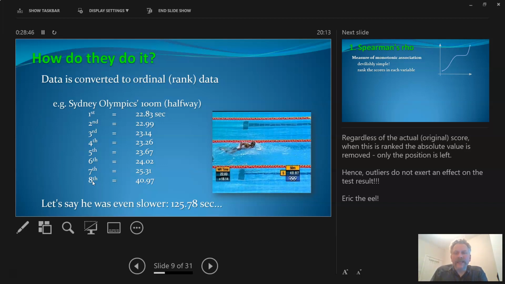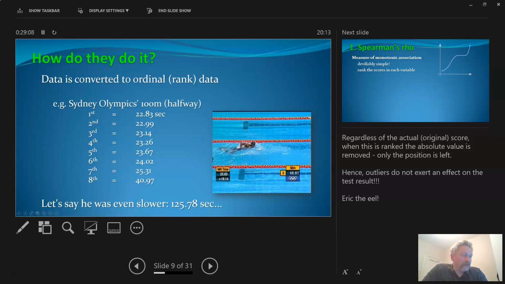So you can see here, when we're dealing with non-parametric conditions, because we're not dealing with the absolute raw data anymore, all we do is convert it to these ranked, ordinal level data, and then do the analysis on those ranks. So it doesn't matter whether you've got an outlier or not.